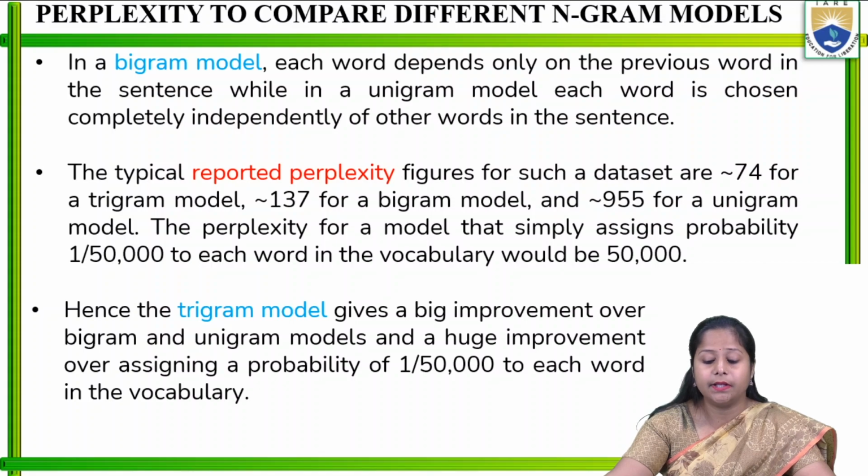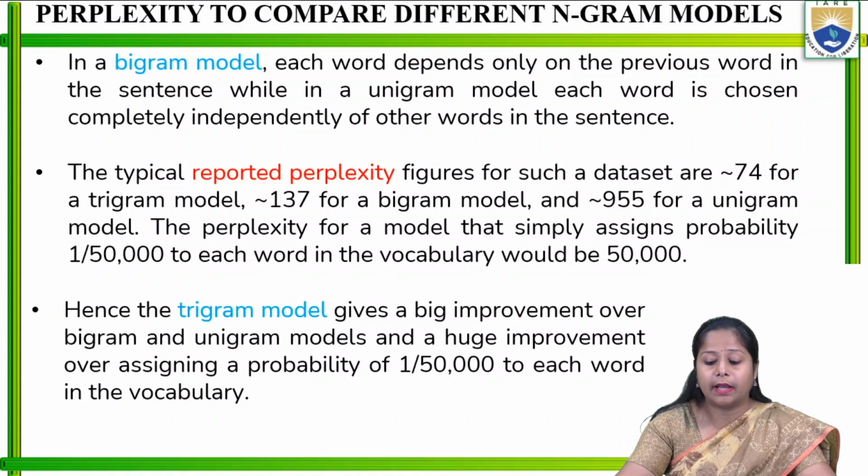Compare this with a model that simply assigns probability 1 divided by 50,000 to each word, since the vocabulary has 50,000 words.